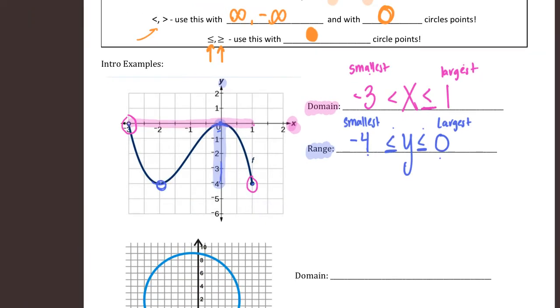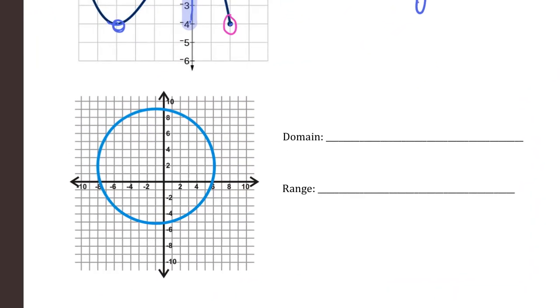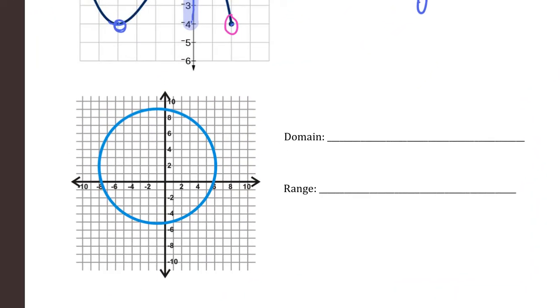Let's try another example. Keep those highlighters handy. Domain, we're looking at the x-axis, so set up your inequality. Remember, smallest x on the left up to the largest x on the right. Take your highlighter and look only at the x-axis.